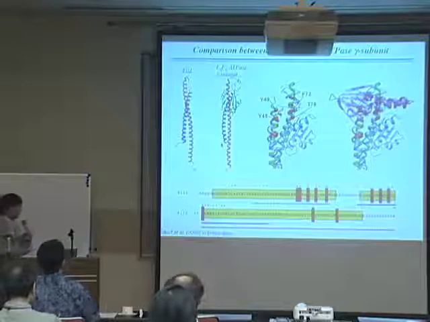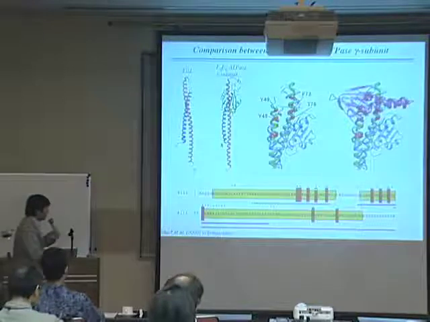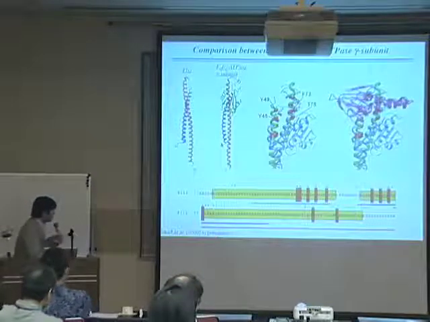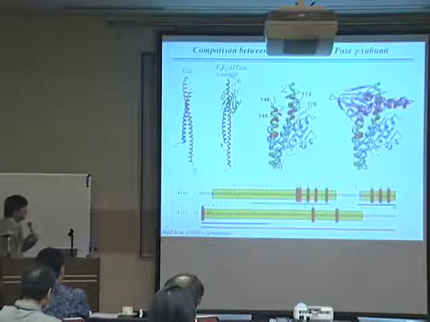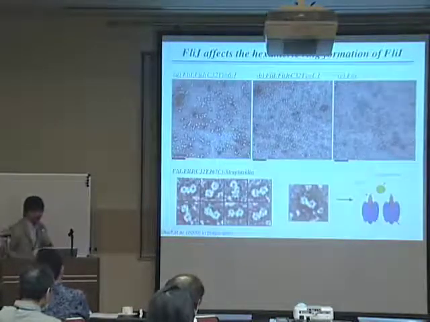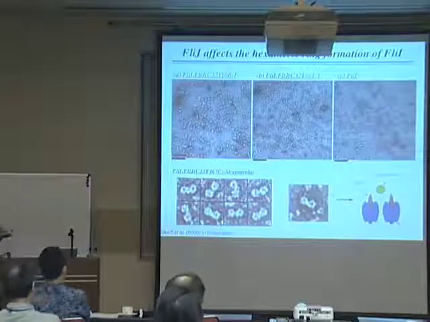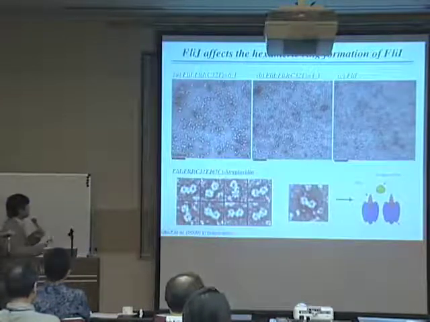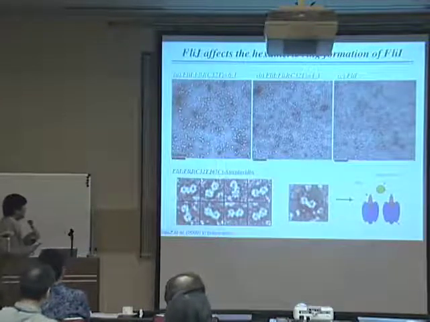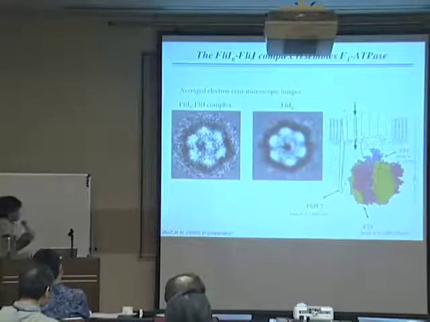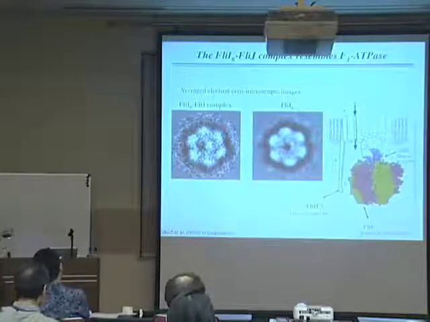But after finding this 3D structure, we found a locally conserved region around here. Then we observed the electron microscopy with mixed FliI and FliJ, and we found that FliJ is located in the central part here.